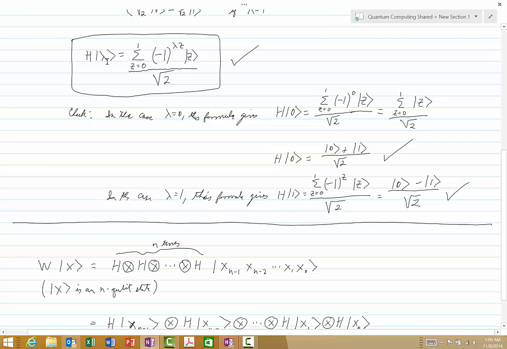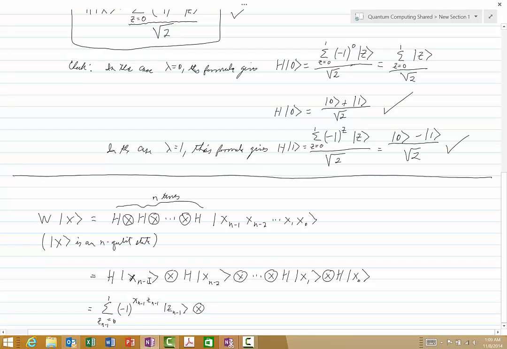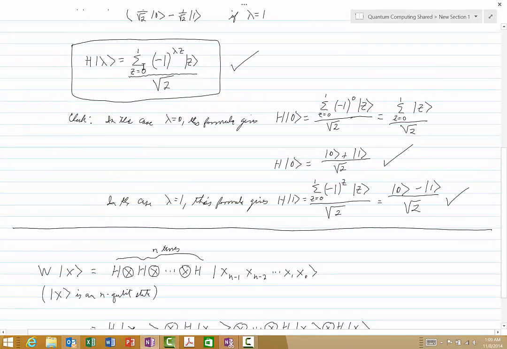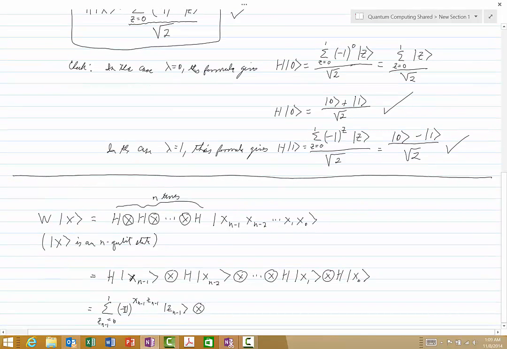But in the place of lambda, we have xn minus 1, and z is just an index in this sum, so we don't have to use z. We could call it anything we wish, and we'll call it z sub n minus 1 here. So for h of xn minus 1, this is what we'll get.